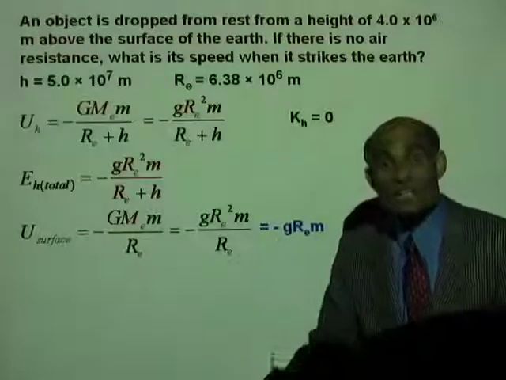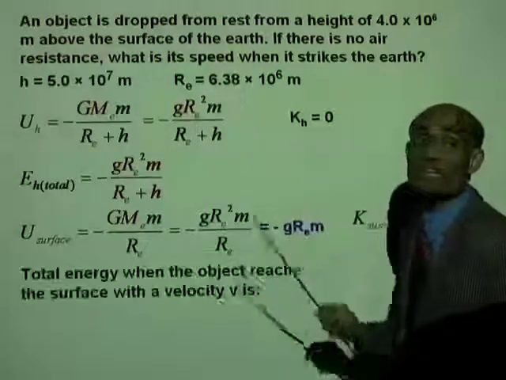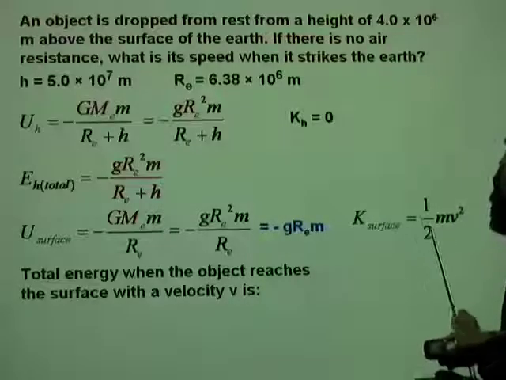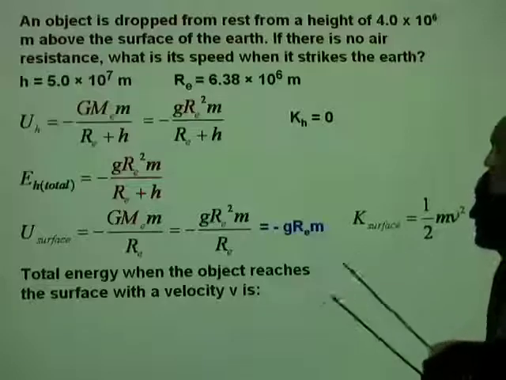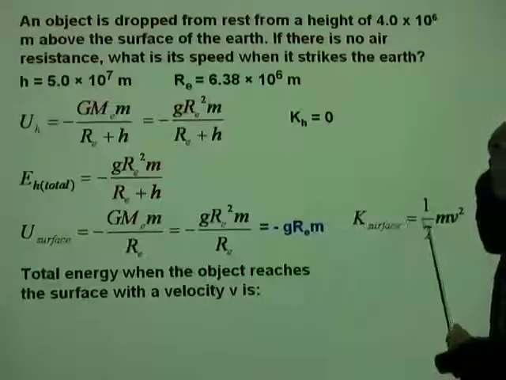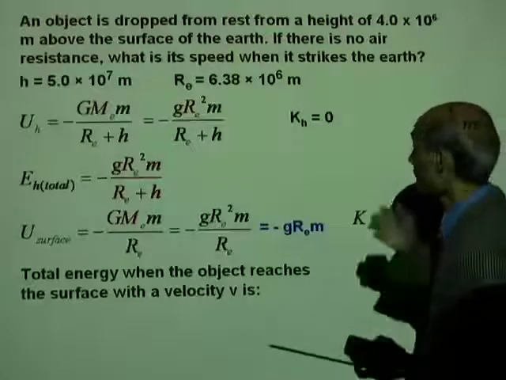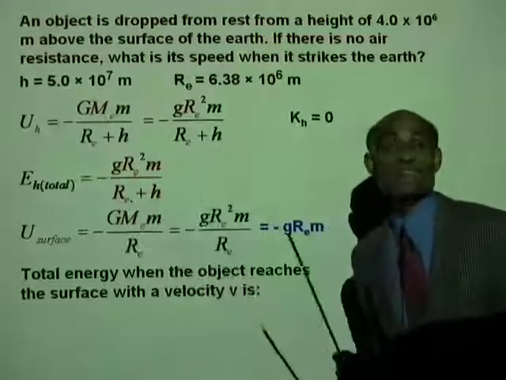And it hits the ground with a speed v, which we need to find. Its kinetic energy on the surface is 1/2 mv squared. So, if you now add the potential energy to kinetic energy on the surface of the earth, that must be equal to the total energy at the height h.